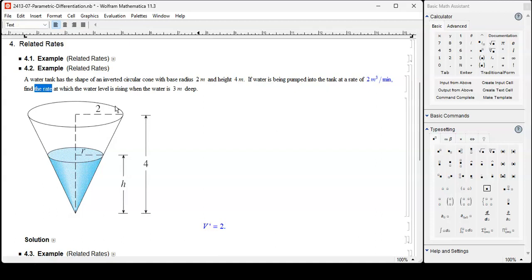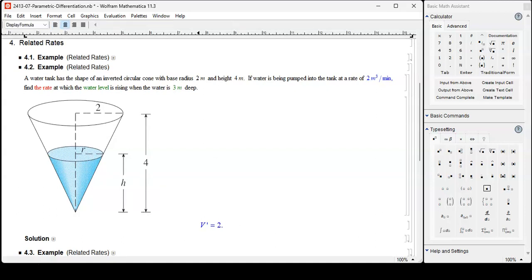Find the rate at which, okay, we're going to find this rate. But what is this rate? The water level is rising when the water is 3 meters deep. So this 3 meters, water level, that's the other quantity.